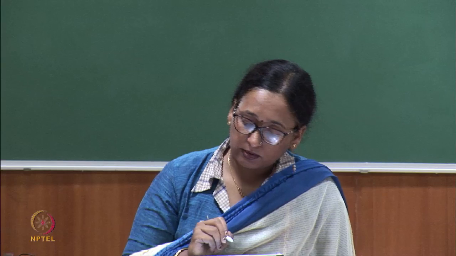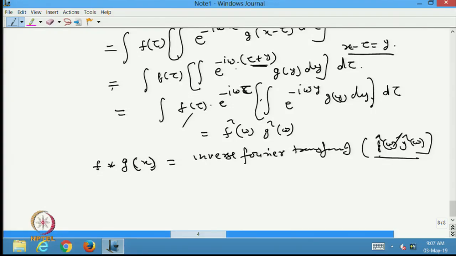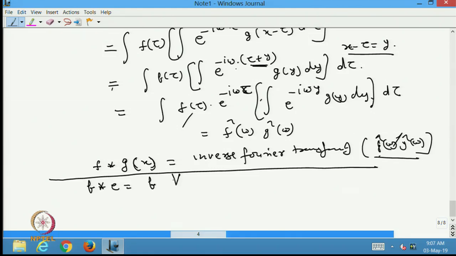Convolutions have many applications, and we will use this convolution theorem to support my answer to my previous question: does an identity exist for the convolution operation? Now on the left hand side I will use the convolution theorem.